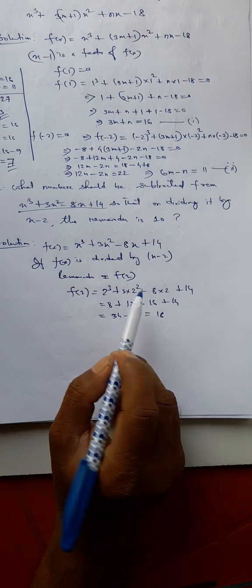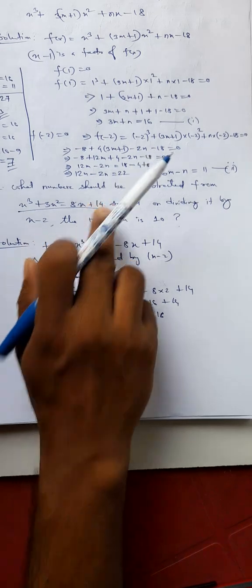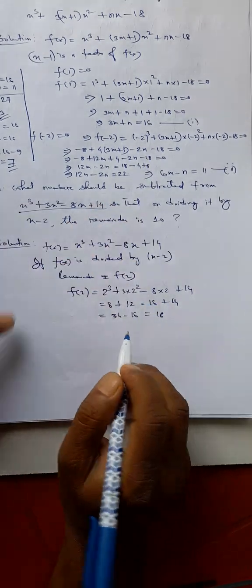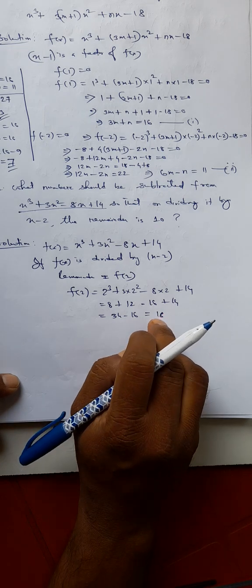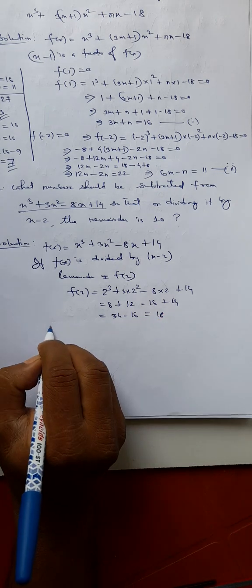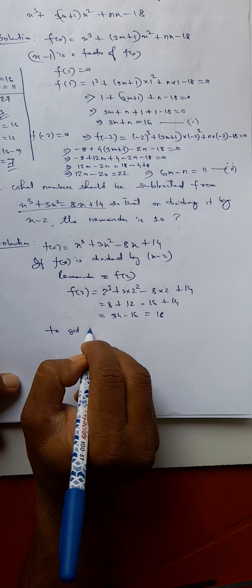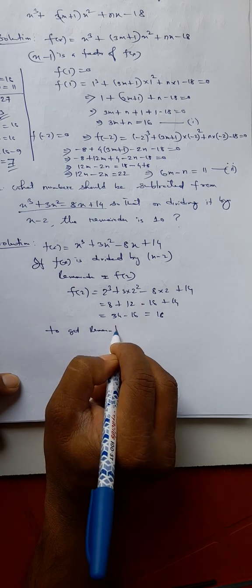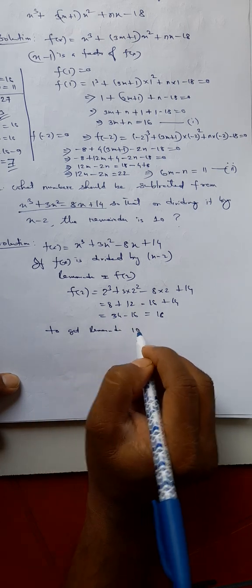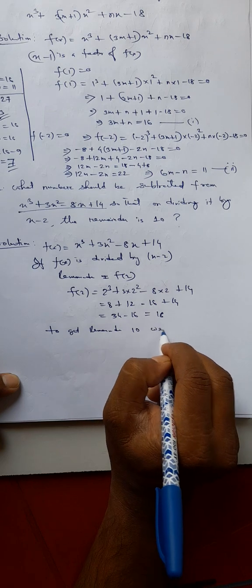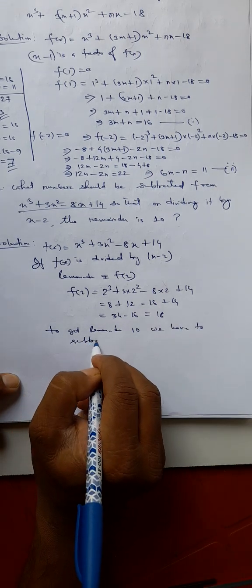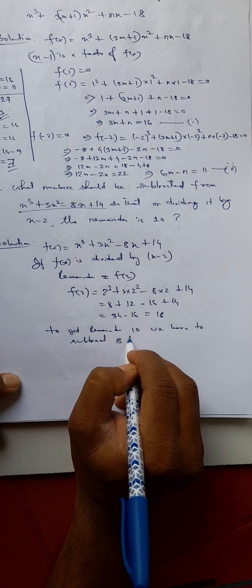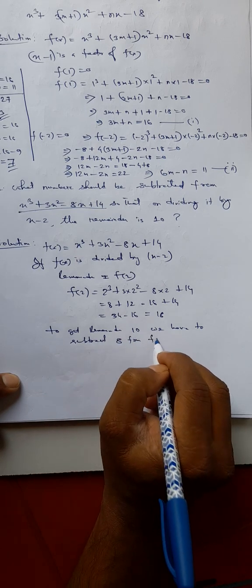Now it says what number should be subtracted from this so that remainder is 10. To obtain remainder 10, we have to subtract what number from 18? We have to subtract 8 from f of 2.